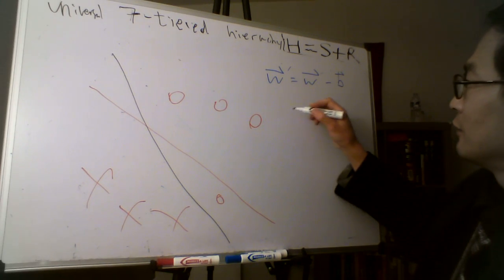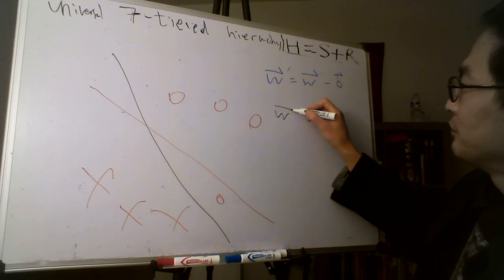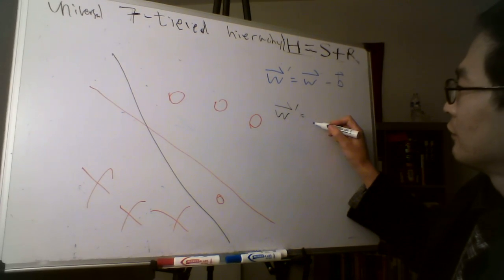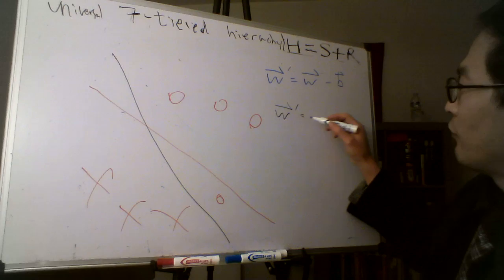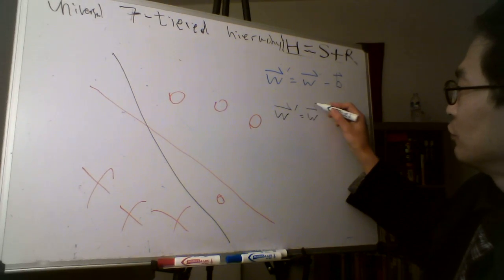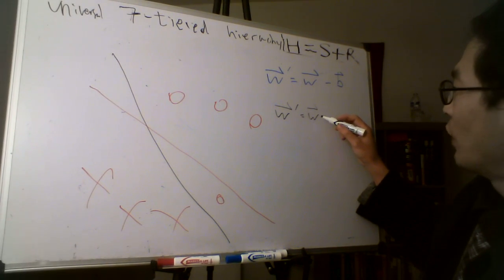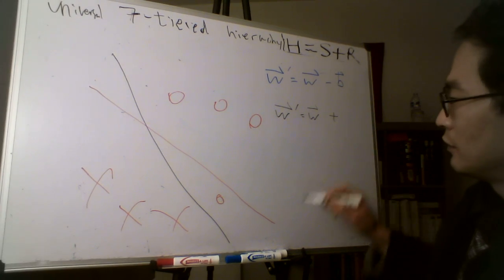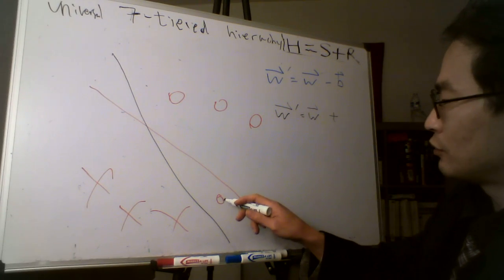Then this W prime, the next weight vector, should be equal to the original weight vector plus the coordinate of this good guy.